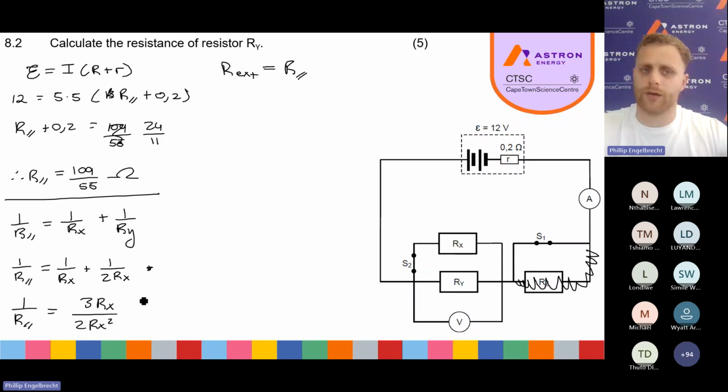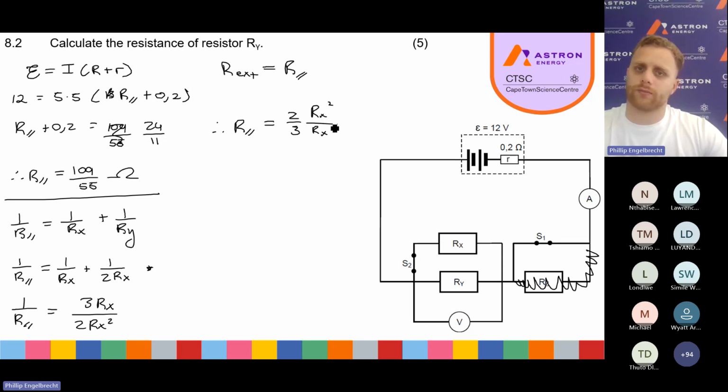You multiply your denominators, it's basic algebra. So therefore, R parallel is equal to 2 over 3 times Rx squared divided by Rx. Your Rx at the bottom cancels out with one of the Rx's on the top, and we're left with something that looks like this. I'm just going to rub it out and redo it.